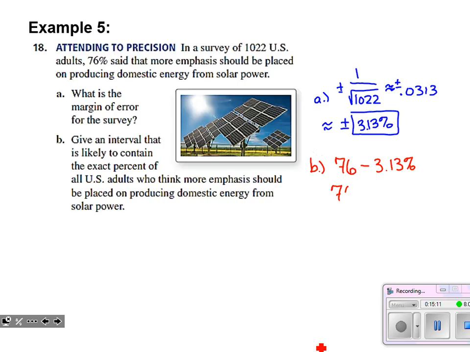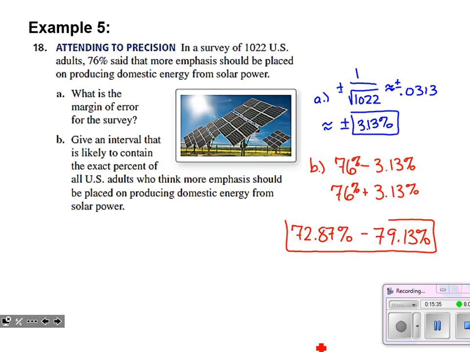And for the upper bound, we're going to take 76% and add that margin of error. And so what we get is a range that goes from 72.87% to 79.13%. So when we incorporate those margins of error, it is very likely that the exact average for the entire population falls within that interval.